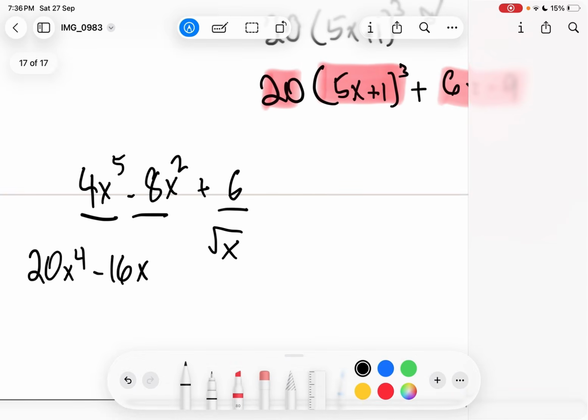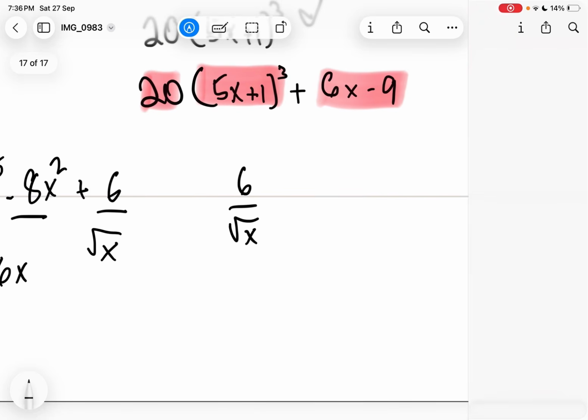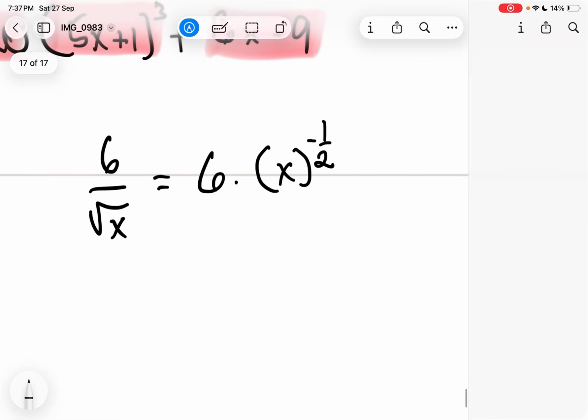And this, you always, first of all, move it up. Don't make it a denominator. So let's just take this alone, so you have space. It will be 6 times x to the power of negative half, because you move it up as negative, and the radical is half.